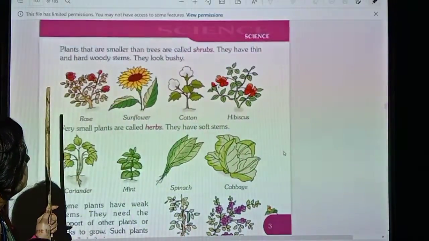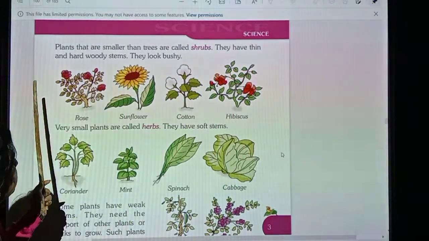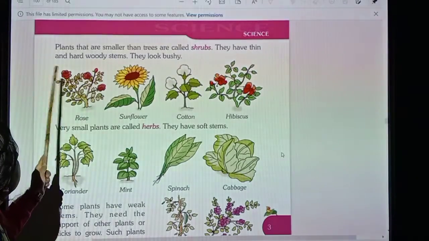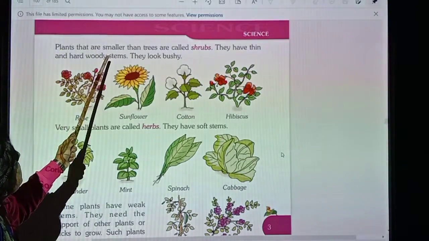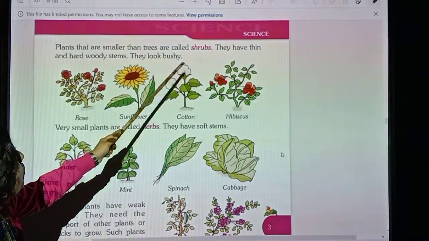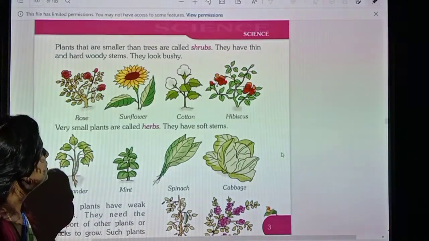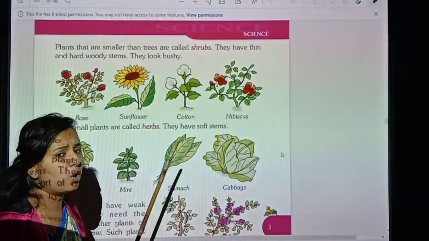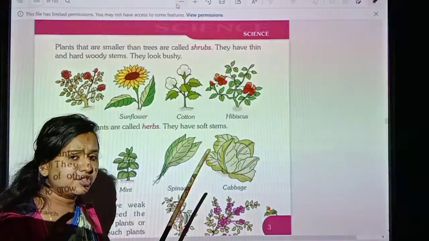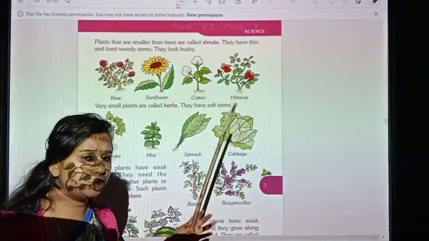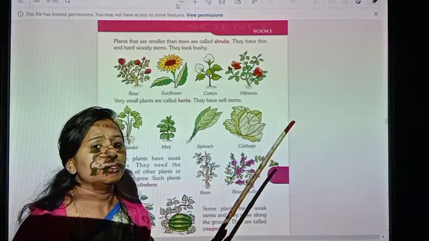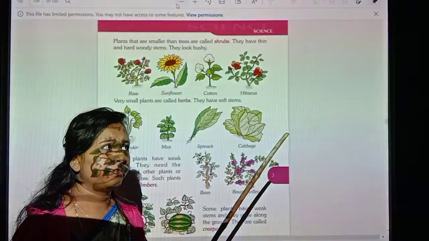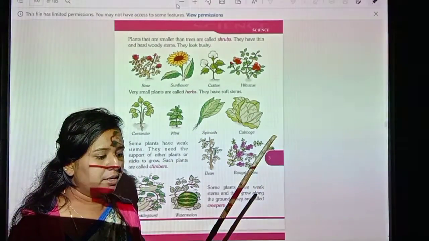This is about the shrubs. The plants that are smaller than trees are called shrubs. Shrubs are small plants, smaller than trees, like bushy plants. For example, tulsi, cotton, and rose.